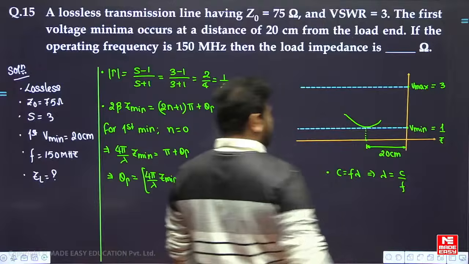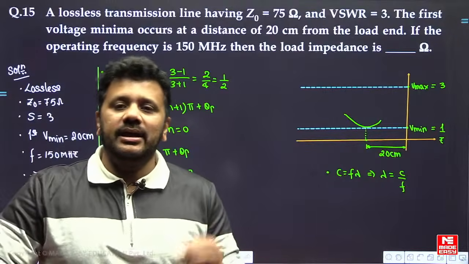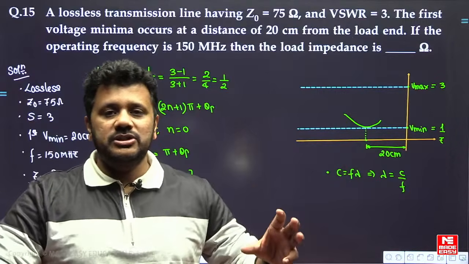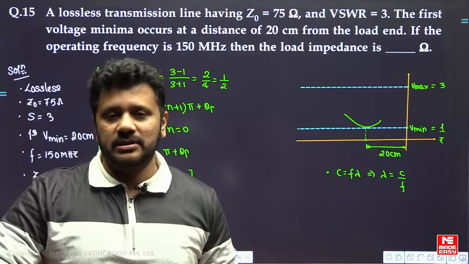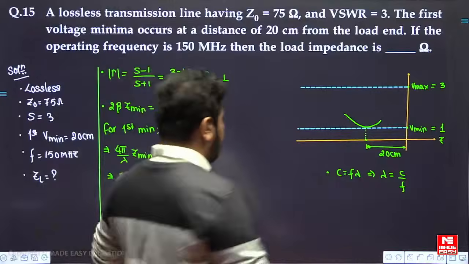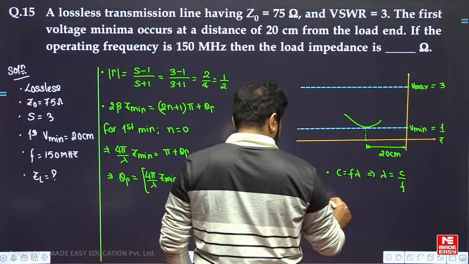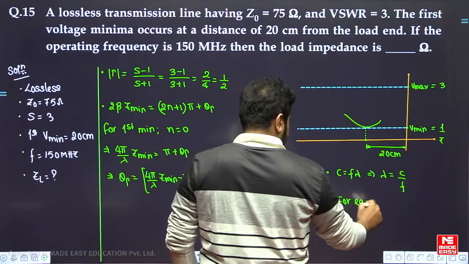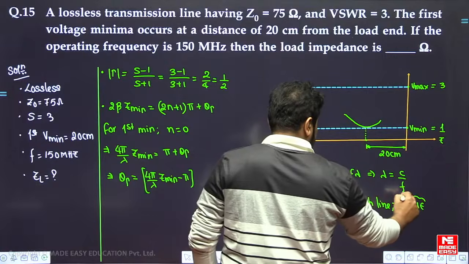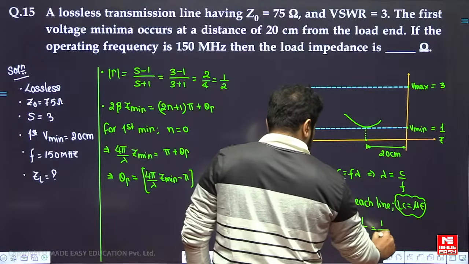Why am I using C equal to f lambda? First of all, it is lossless. So for each line in the transmission line, the product LC is always equal to mu epsilon. So velocity V is equal to 1 upon root LC, which is the same as 1 upon root mu epsilon.